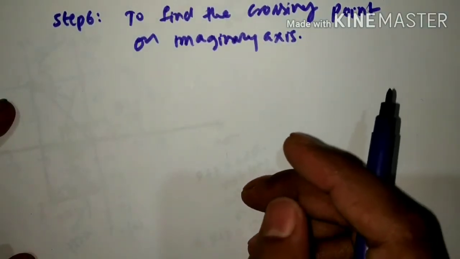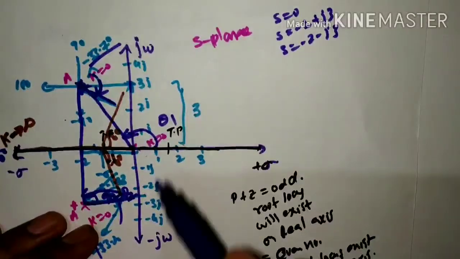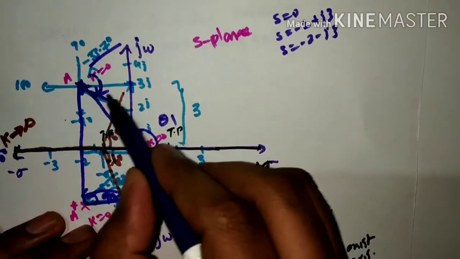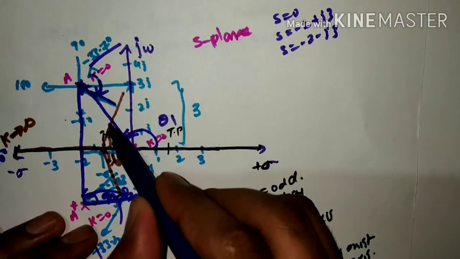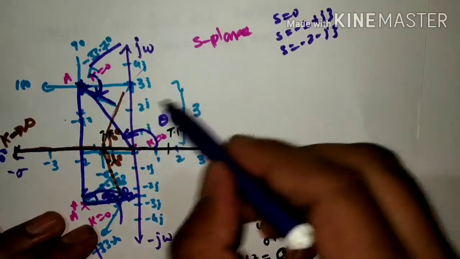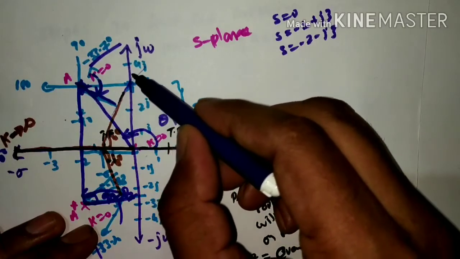How are we going to find it? You just see that I am moving at an angle of 60 degrees and this angle is moving in this direction. So this root will go in this direction. After the k value increases, it will pass through the imaginary axis.